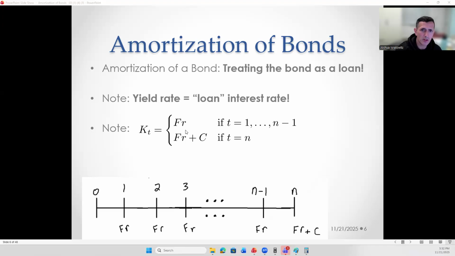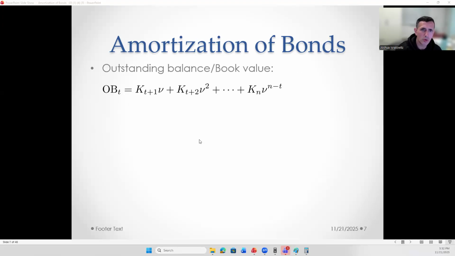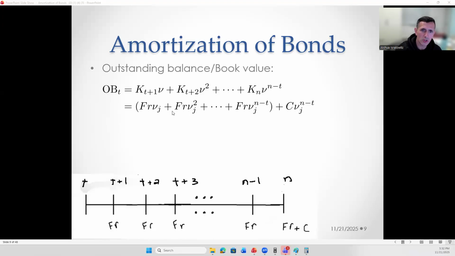Here are our payments, coupons, except at the very end, coupons plus redemption. And so just plopping into our prospective method formula, we get the following. And this really is just the present value of the following time diagram at time t.